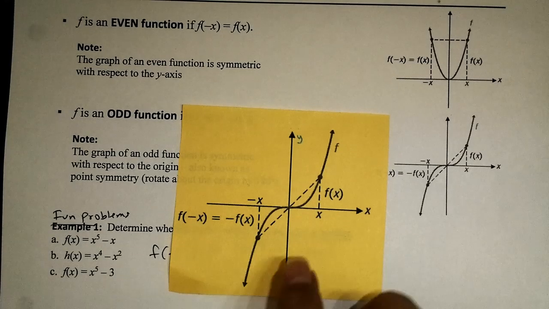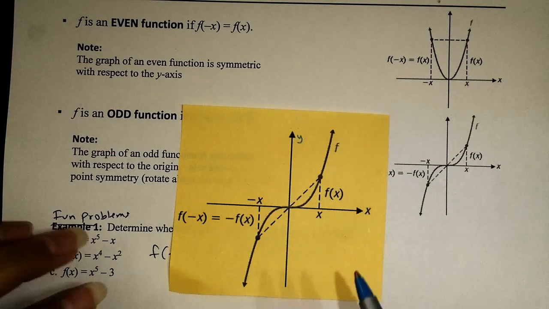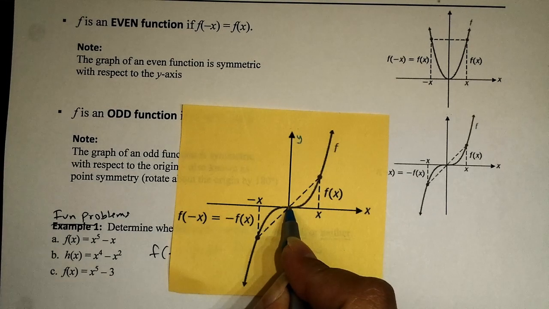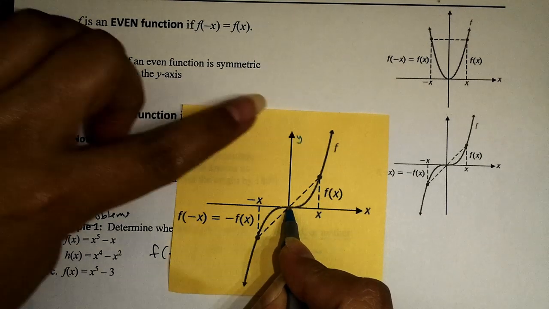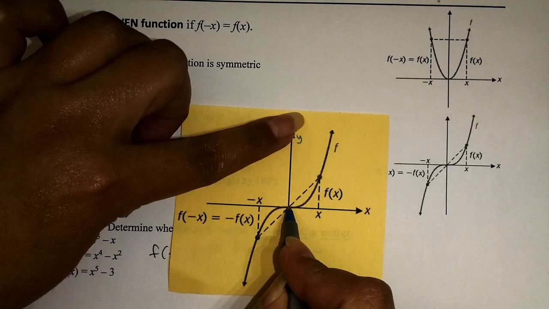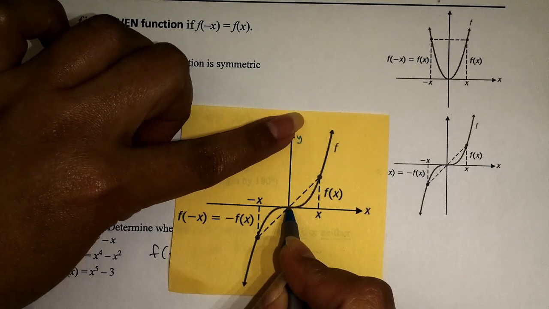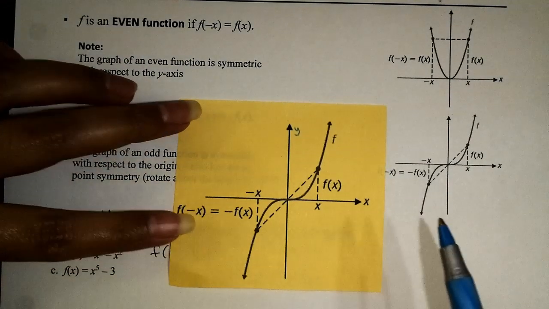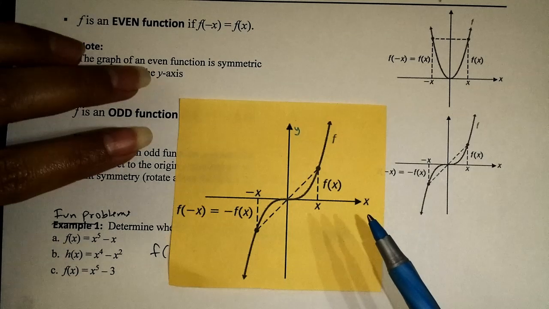Let me take my finger or my trusty pen, and rotate 180 degrees. So this is the top, this is the bottom, and if I put my finger here and rotate it 180 degrees, the graph should look the same. I practiced this before the video, but you know how things go, they don't always work out.